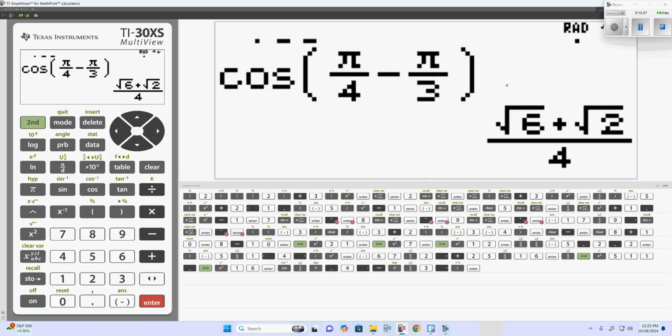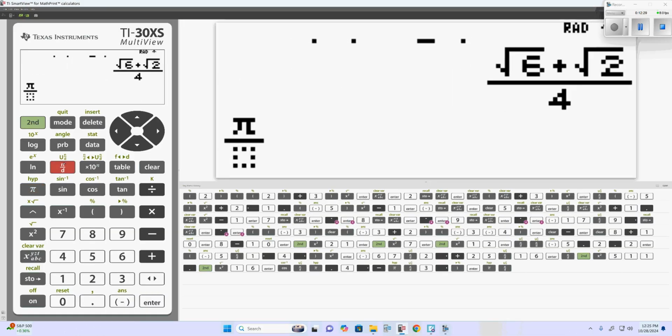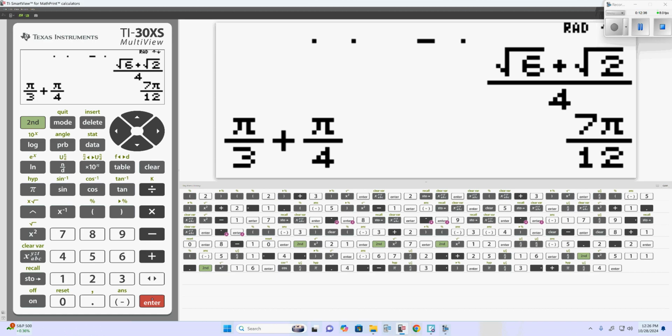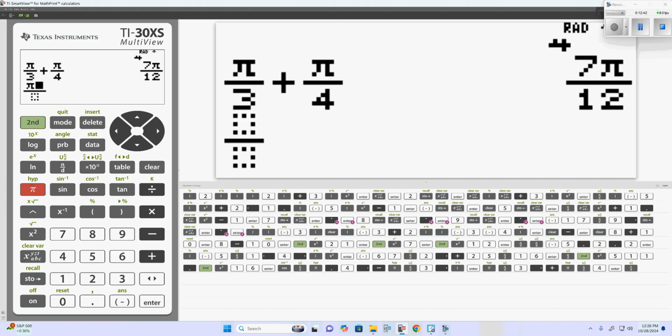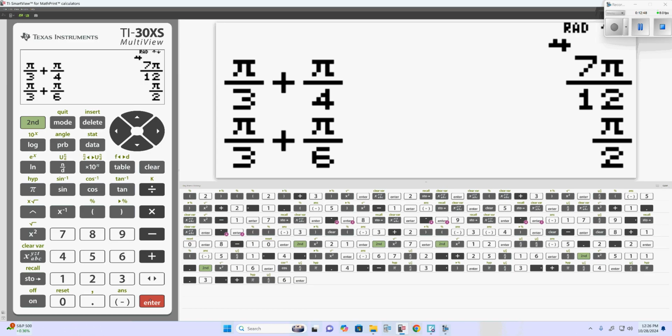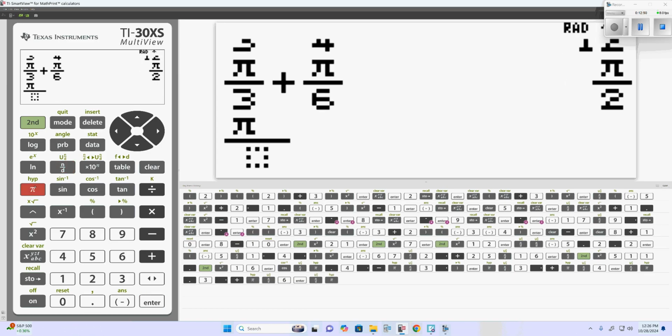Well, we can just start off with, say, pi over 3 plus pi over 4, which is 7 pi over 12. Okay, at least we do have 12. Pi over 3 plus pi over 6. Okay, well, that's not. Pi over 4 plus.